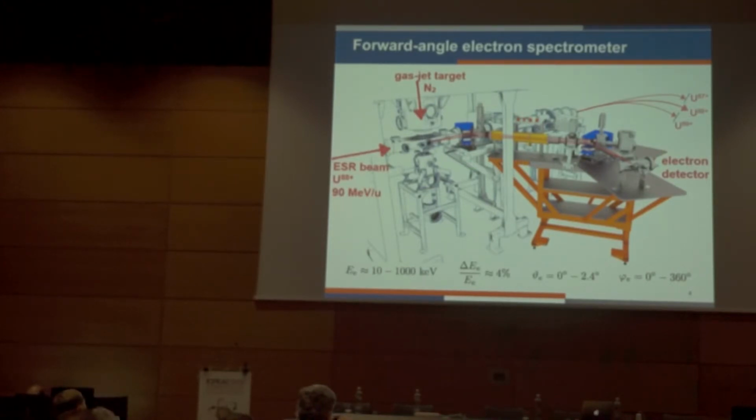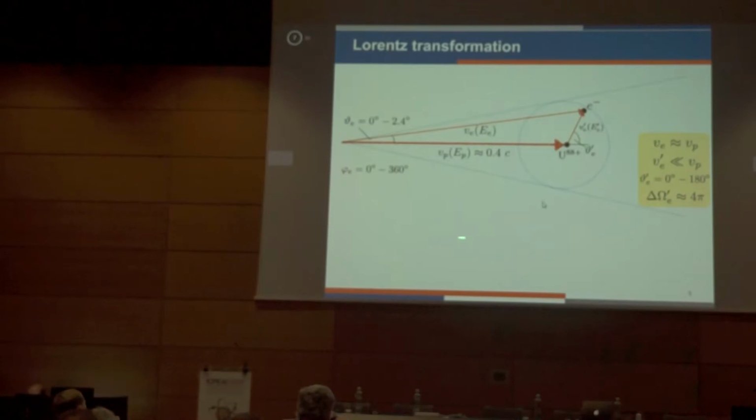And some kinematic considerations. If the electrons are emitted into the forward direction and we look at those electrons that travel with a velocity similar to the projectile velocity, if the electron has a very low energy compared to the projectile, we can see 4 pi of the electrons.